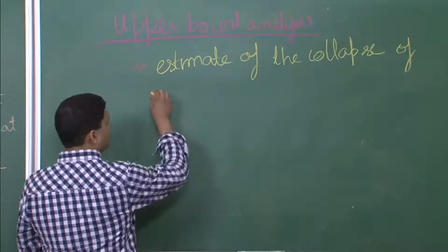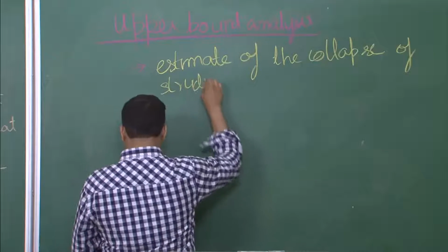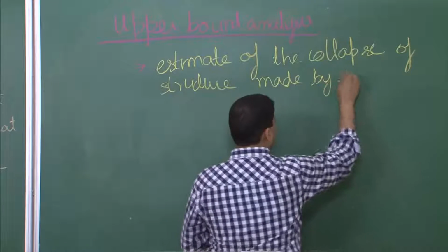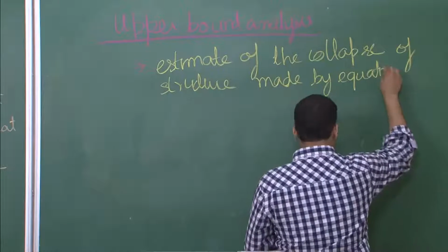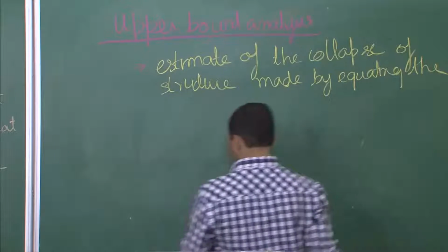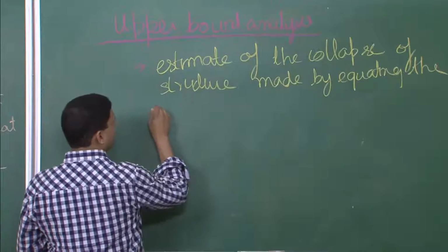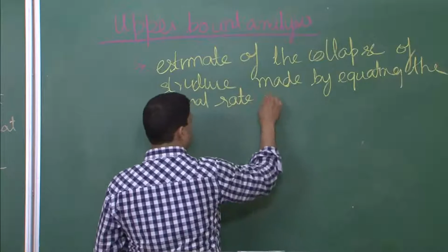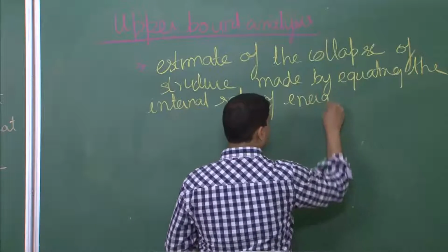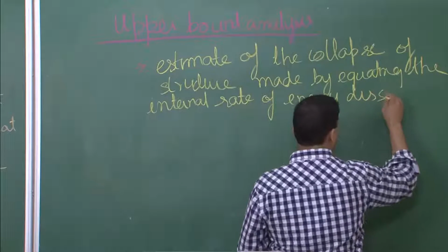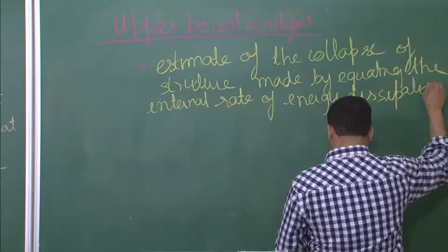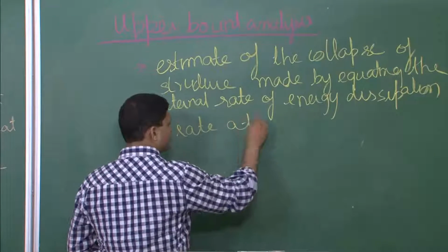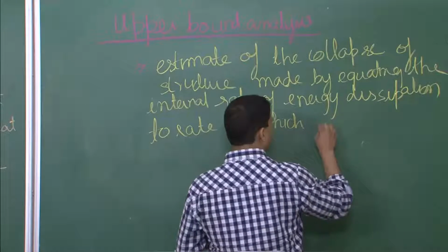So, an estimate of the collapse of structure made by equating the internal rate of energy dissipation to the external rate of work, that is, the rate at which external forces do the work.